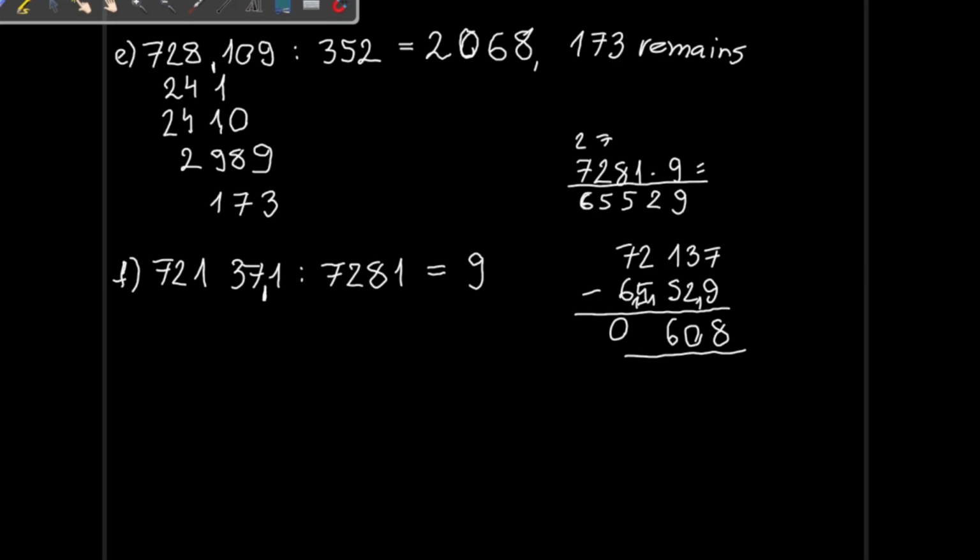So that makes sense. Now, alright, that's the remaining part. We can write it down. 6, 6, 0, 8. And then we move 1 down there.